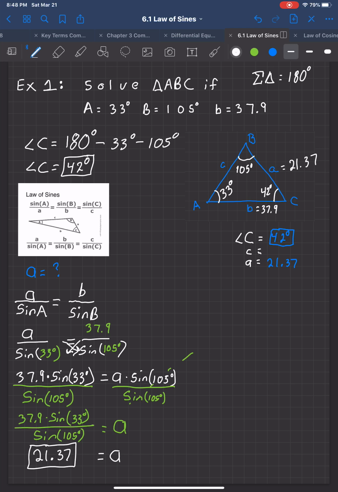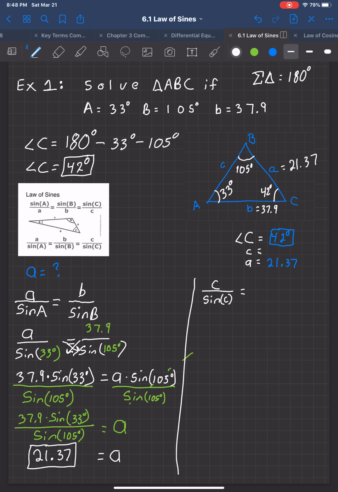So, all right, let's now finish this guy up. So the last piece of information that we need is side C. So I'm going to my law of sines. I'm going to go ahead and pick C over sine of C. And it does not matter.